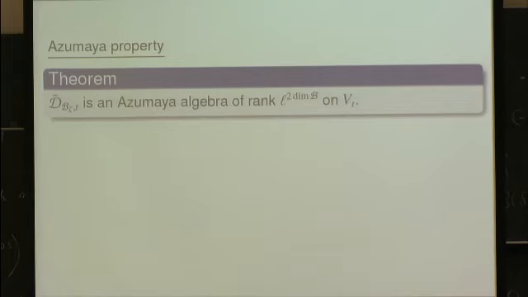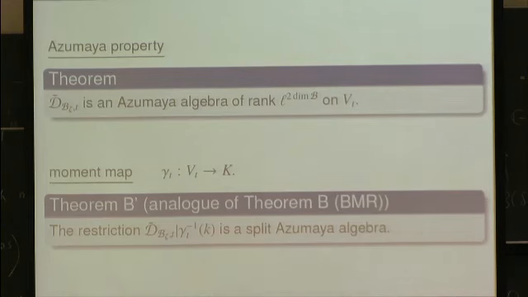But anyway, we have a moment map gamma t, and we have the following theorem, an analog of theorem B due to BMR. D tilde restricted to the fiber, the inverse image of a point of the moment map, is a split Azumaya algebra.